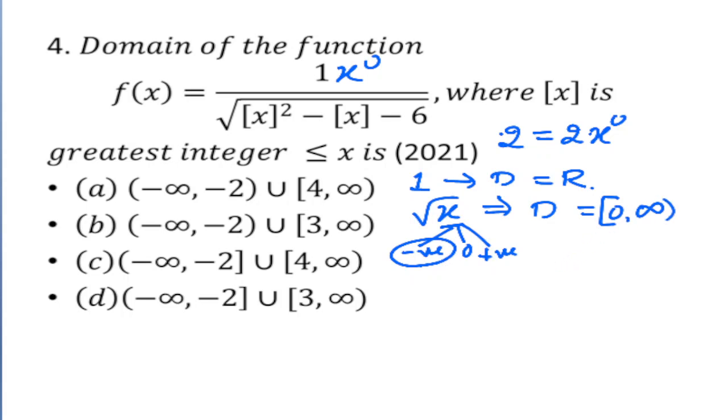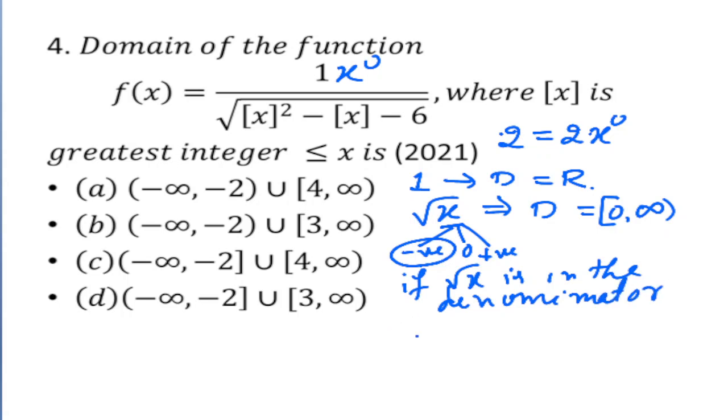Okay. Now, if root x is in the denominator, then for root x, the domain is the open interval 0 to infinity. Why, friends? Just because it is in the denominator, root x, if you put 0 there, then root 0 is 0.